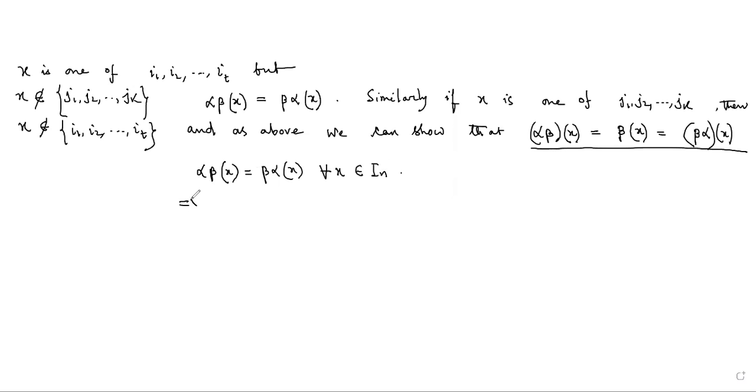This implies, by definition of commutativity, alpha beta is equal to beta alpha. Hence, the theorem says that when we consider two disjoint cycles from the symmetric group, the compositions alpha and beta are commutative with respect to the composition.